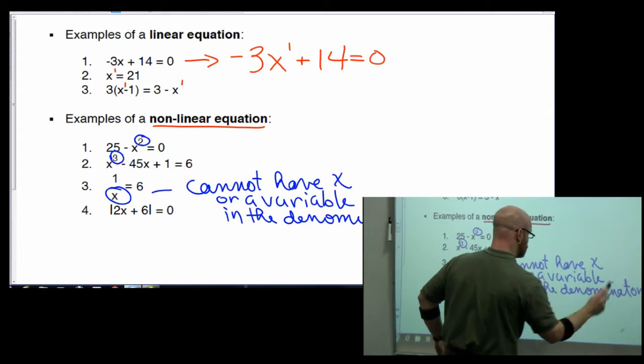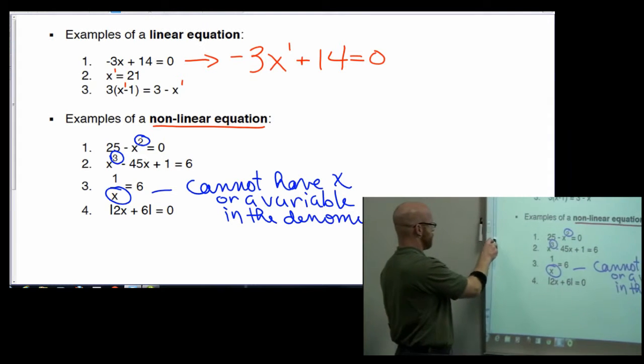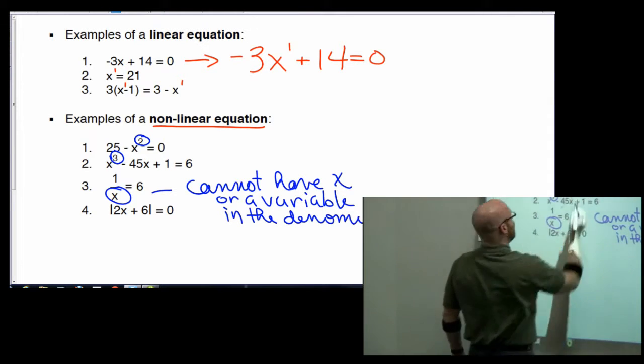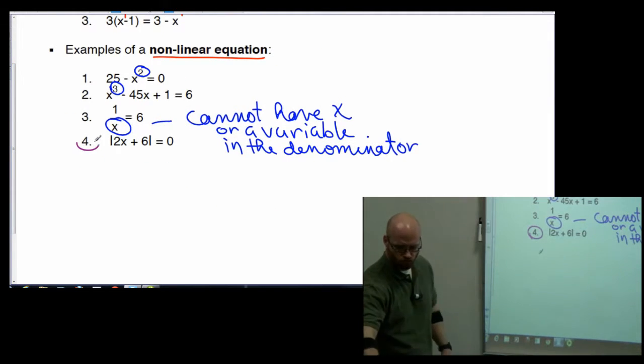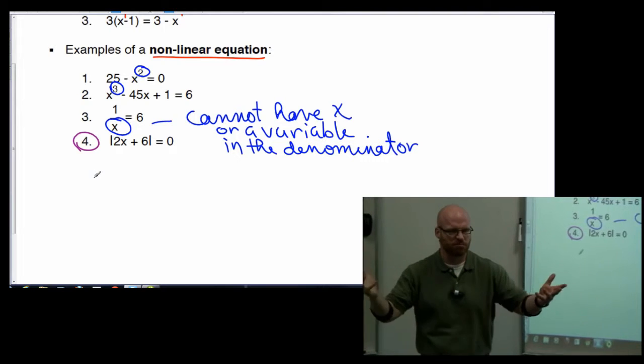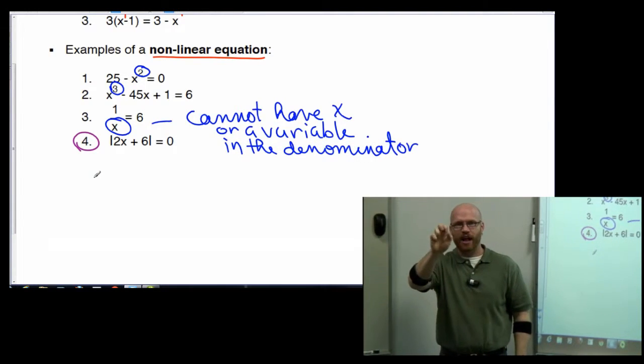Number 4 has those bars. What does that mean? That's absolute value.